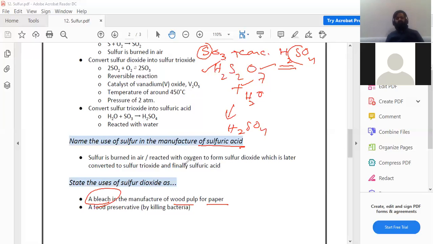And sulfur dioxide is also used as a food preservative in pickles, marmalades, jams, but in very small amounts, like parts per million or even parts per billion. Otherwise the product will become smelly. So these are the major uses of sulfur dioxide.